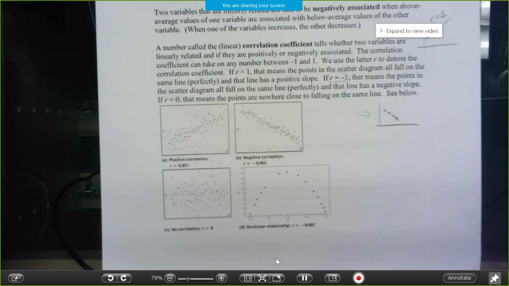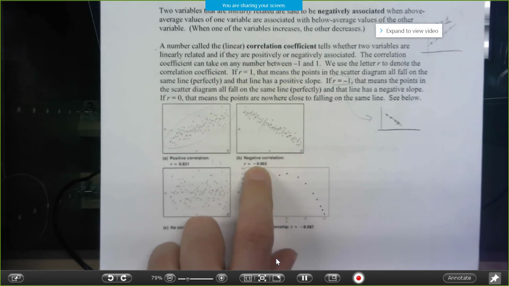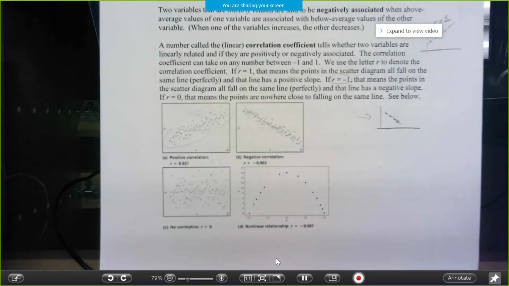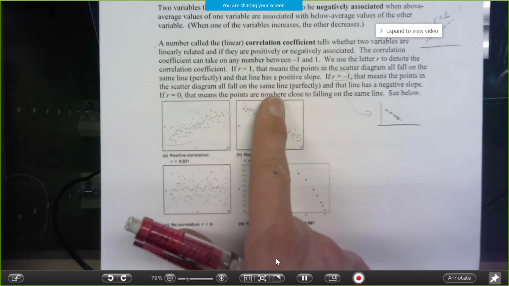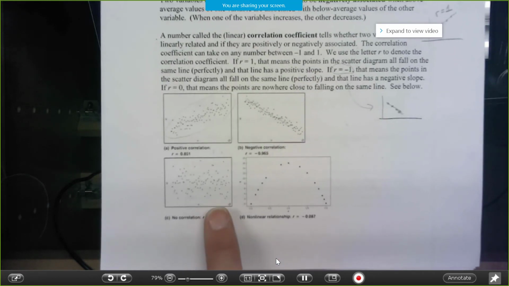The farther it gets away from 1, the farther the dots spread out. And so B, -0.965. See, these dots are clumped together more closely about a line. It's downhill, so it's negative. But they're closer to fitting on a line than in the first graph, so it's closer to -1 than this is to +1. And then here's R equals 0, they're just all over the place.